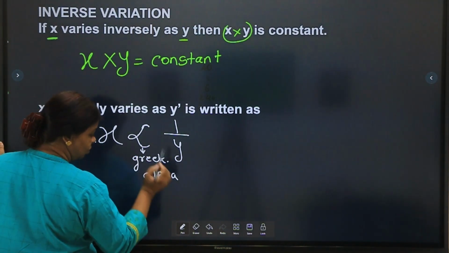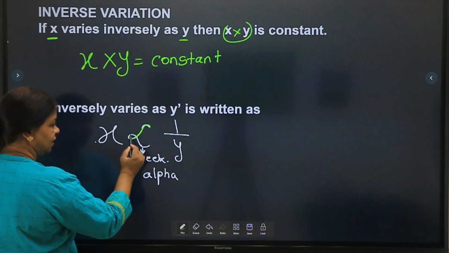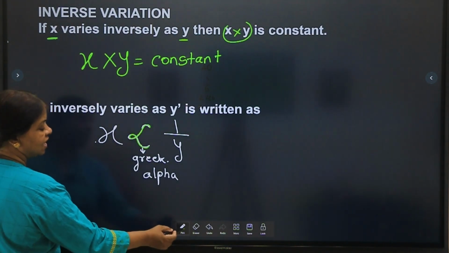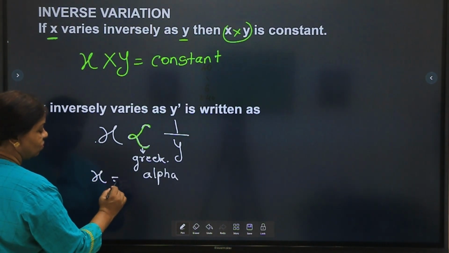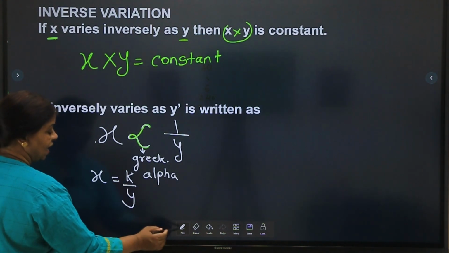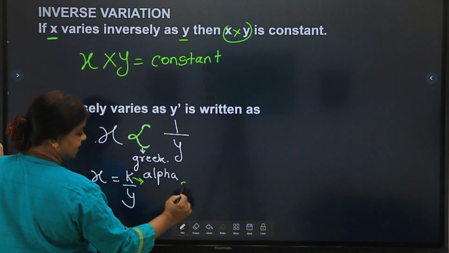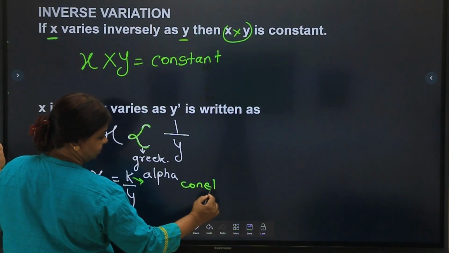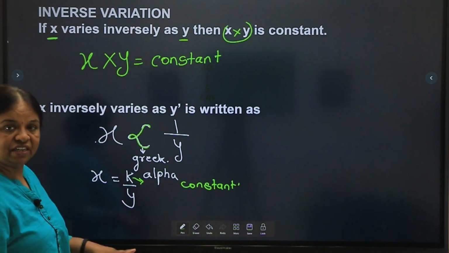If I want to remove this sign, what would I do? I will introduce the equal sign. So x is equal to k upon y. And what is k, children? k is the constant of variation, as we did in direct variation.